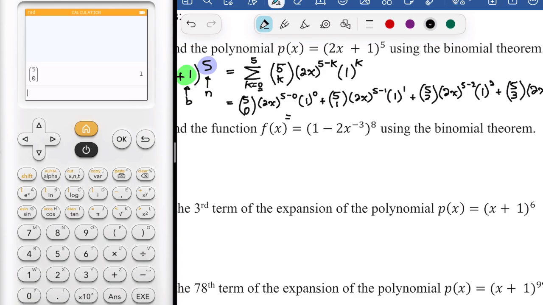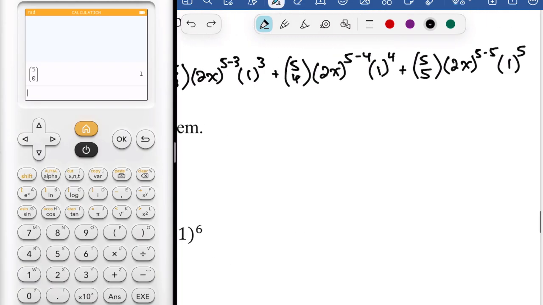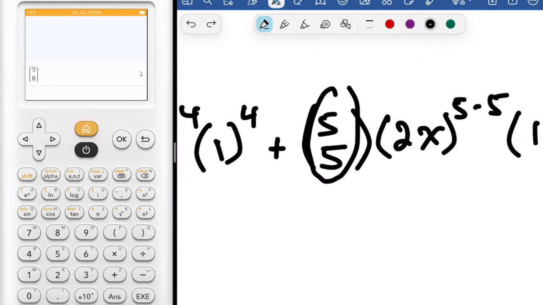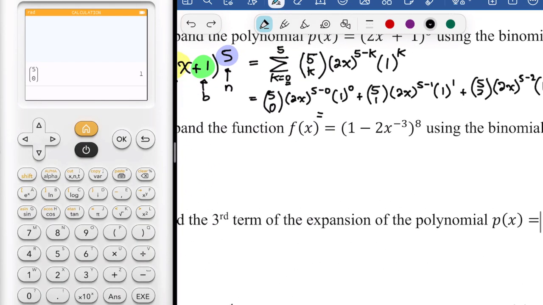So that kind of makes things a little bit more streamlined. Any combination where 1 is on the bottom is whatever the top number is. So 5 combination 1 would be equal to 5. And any instance where the top and bottom numbers are the same, the result is always equal to 1. So if you can kind of latch onto those things, that'll be helpful.